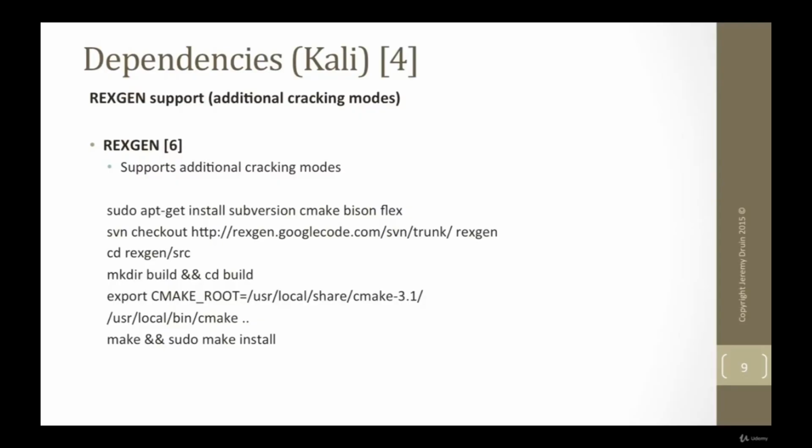You'll change into the source directory, do the mkdir build, and then go into the build directory, and then you can export this CMAKE_ROOT environment variable using the command seen here, and then finish the compilation process for CMake.